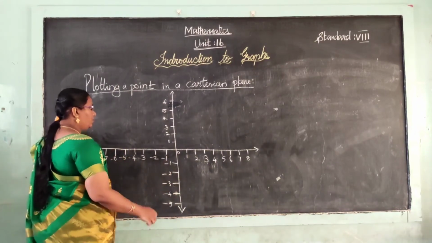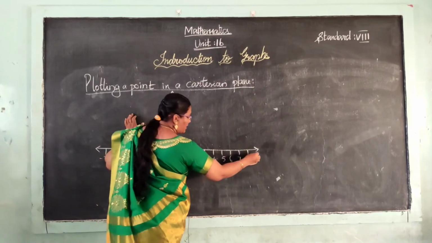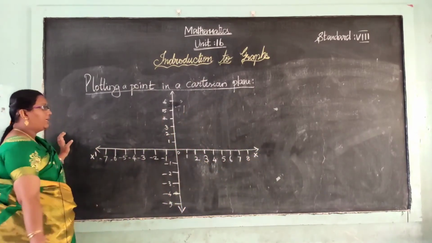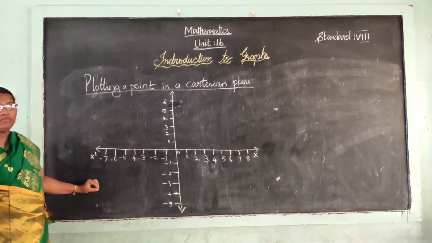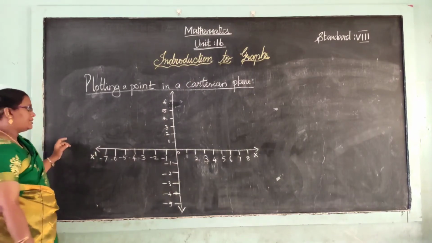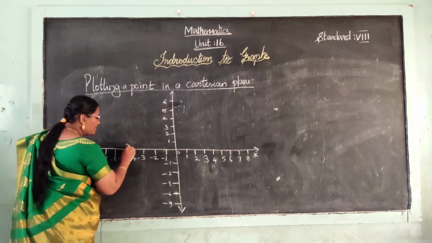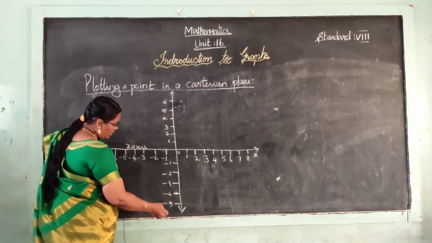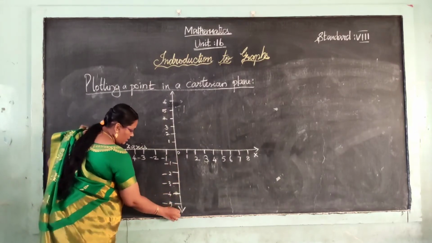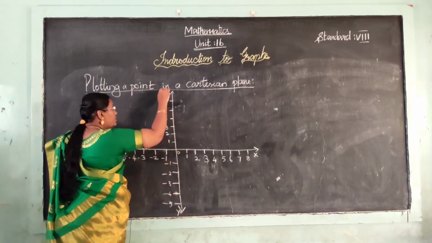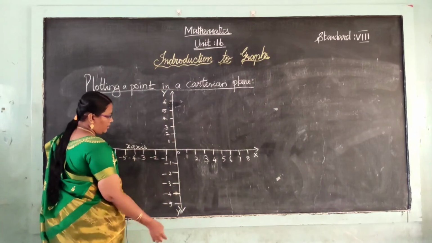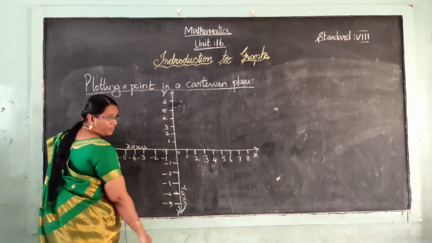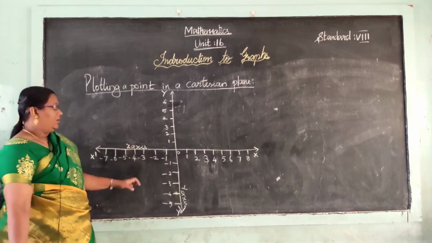Now we have to write the axis names: x dash, x, the x-axis, and then here write y dash, here write y, the y-axis.